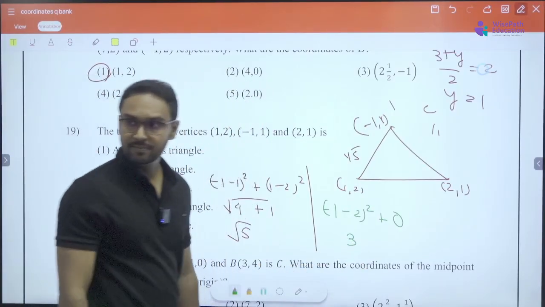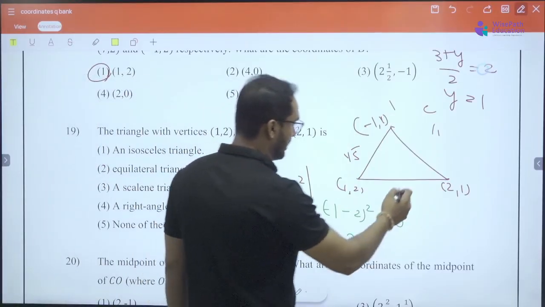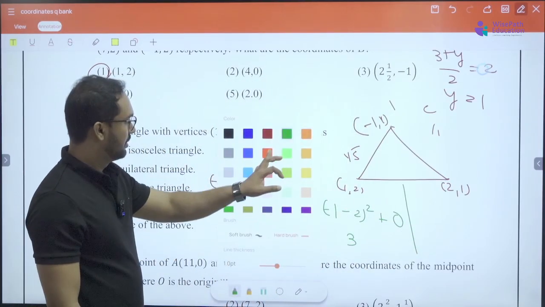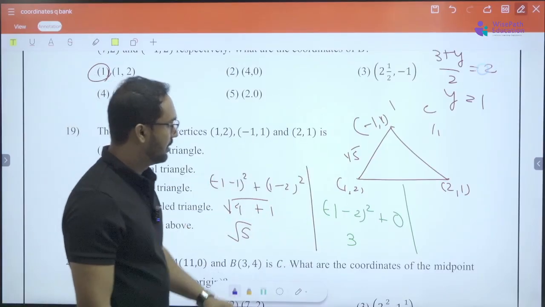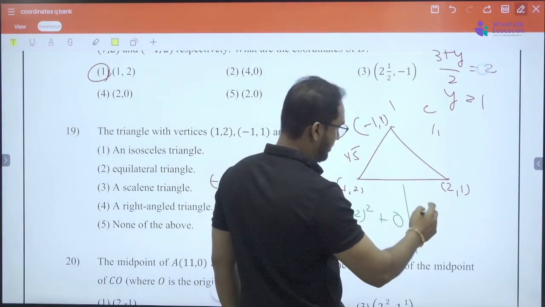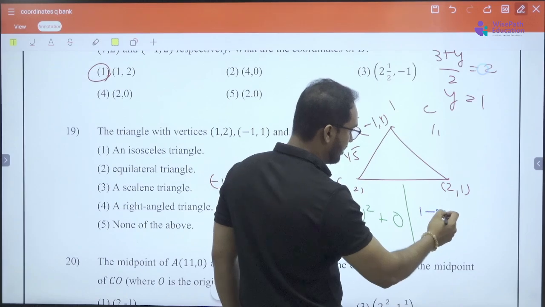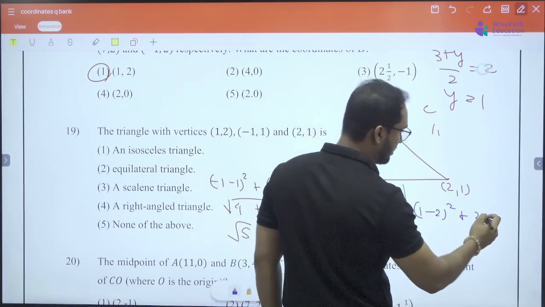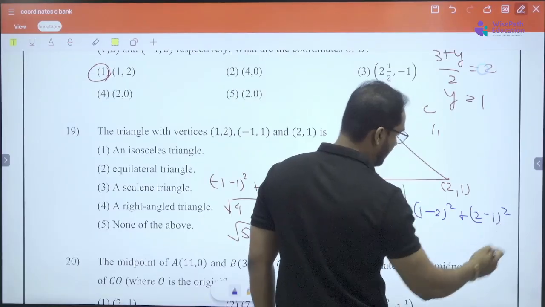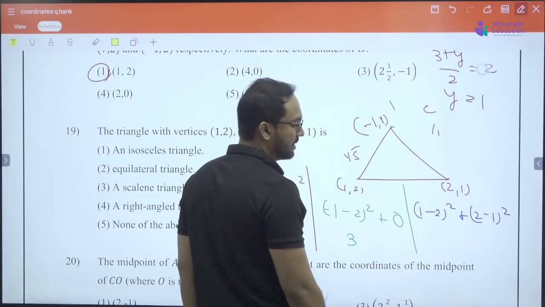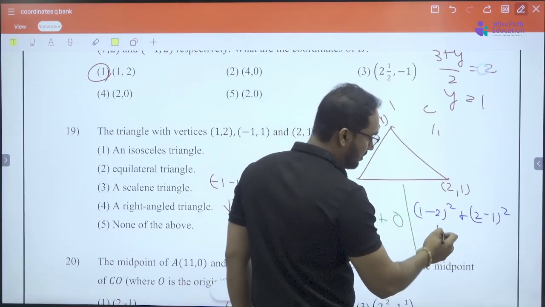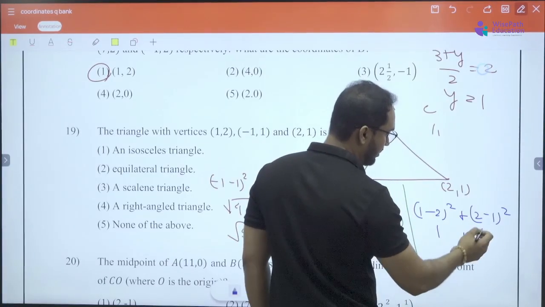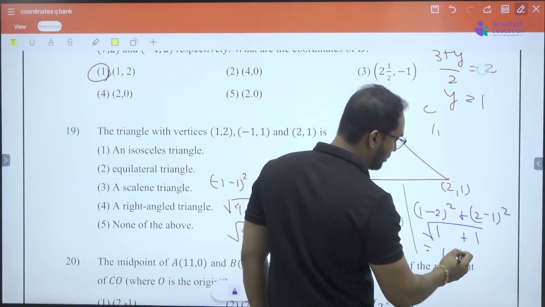Then for the last two: 1 minus 2 squared plus 2 minus 1 squared, that is -1 squared, 1, plus 1. So the complete root of it is root 2.